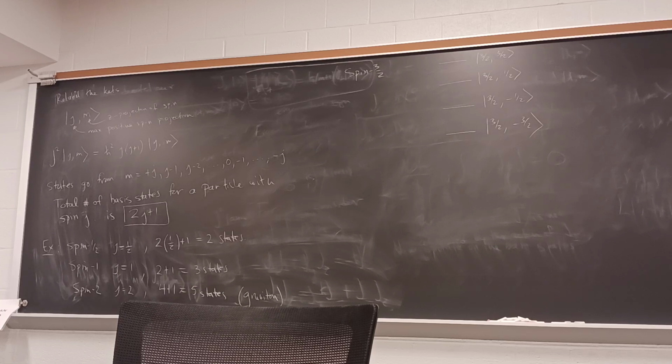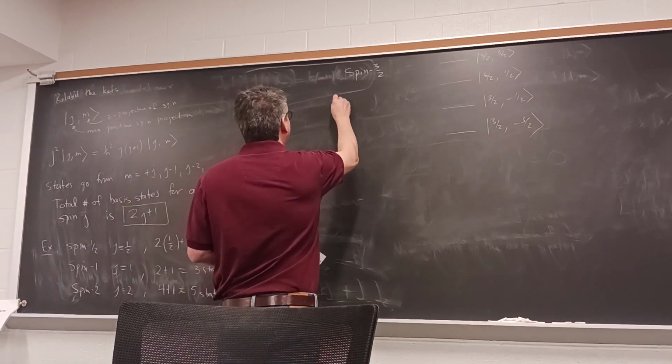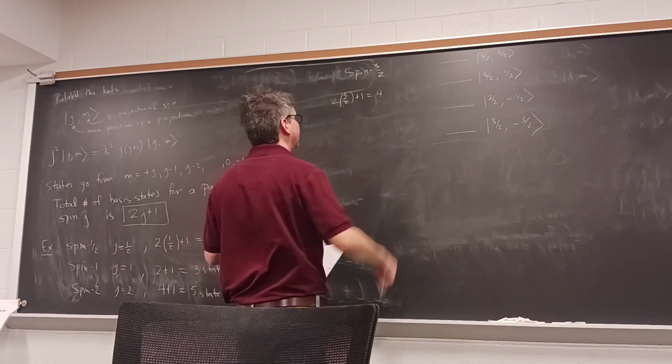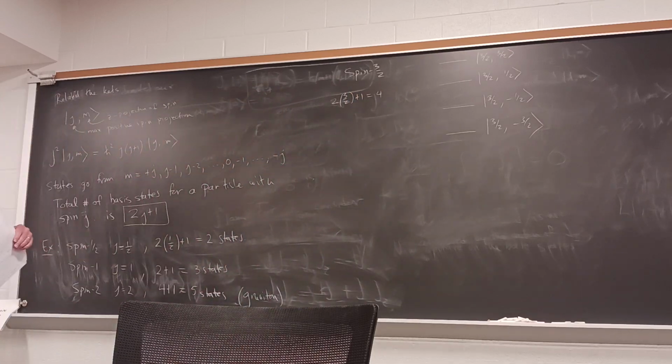So 4 states? Yeah, that's right. So 2 times 3 halves plus 1 is 4.